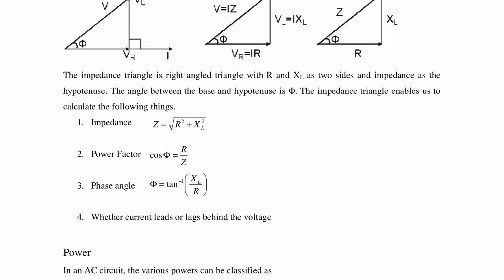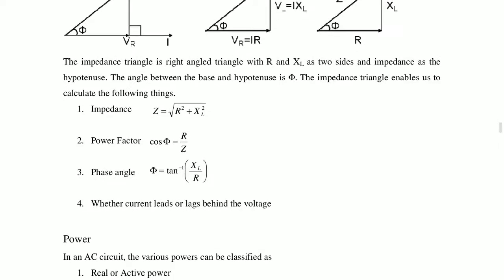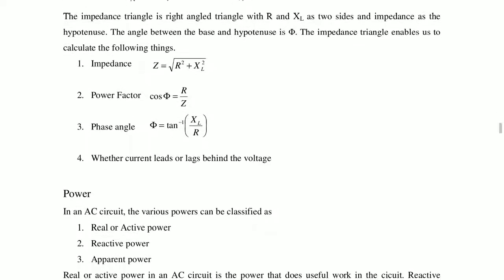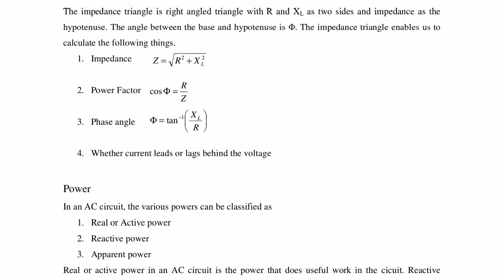Power. So how can we calculate the power in AC circuits? The various powers are classified in AC circuits. First, real or active power, or useful power. For example, consider a fan having a winding, with supply, and it has mechanical rotating parts.